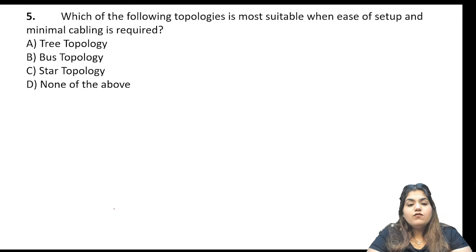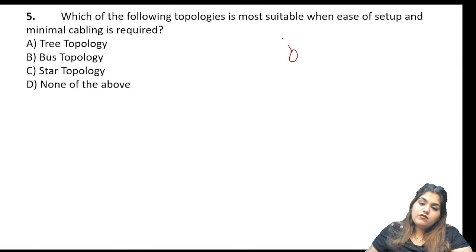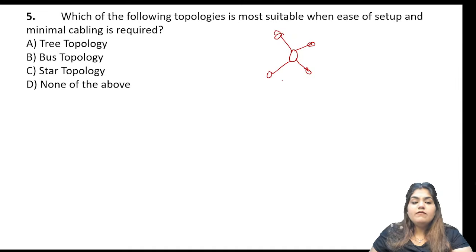Next, which of the following topologies is most suitable where ease of setup and minimal cabling is required? In star there was one head. If there is a mistake here, every power will get shut down. In bus, everybody is linked individually.